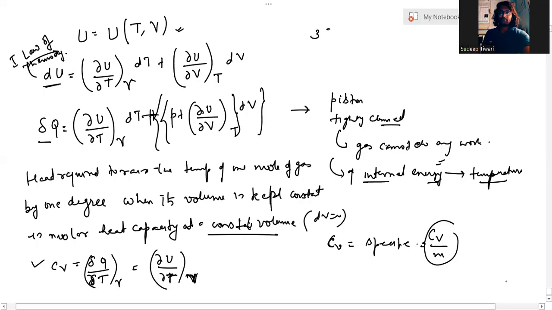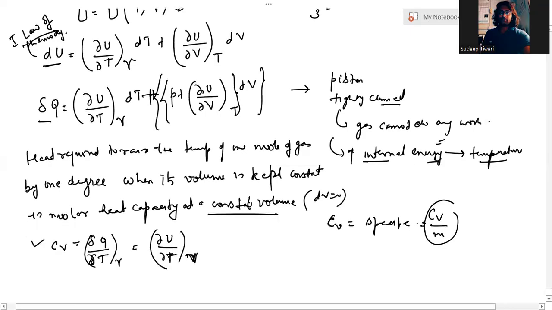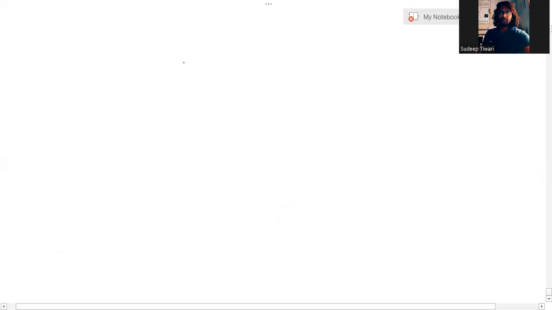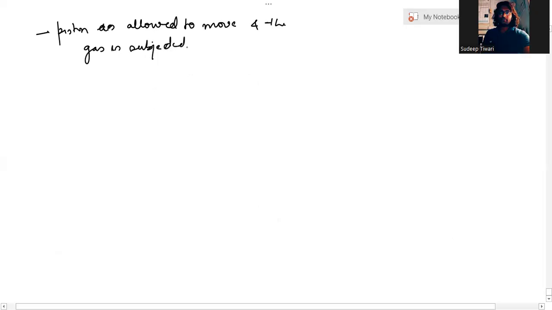Now suppose there's another way in which we can supply that heat, and that is when the piston is allowed to move against constant pressure. So the piston is allowed to move and the gas is subjected to a constant pressure.